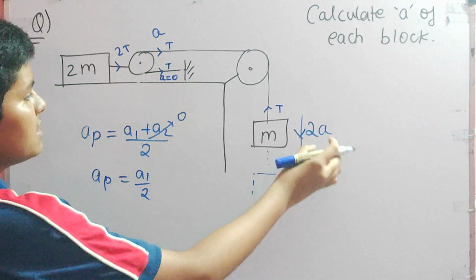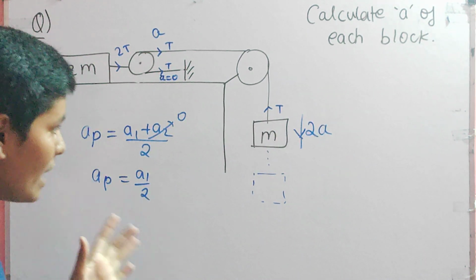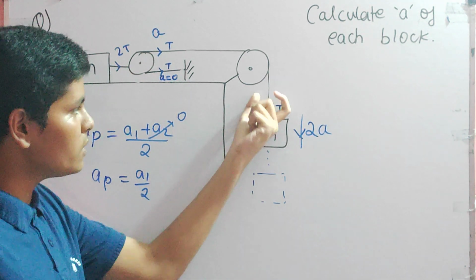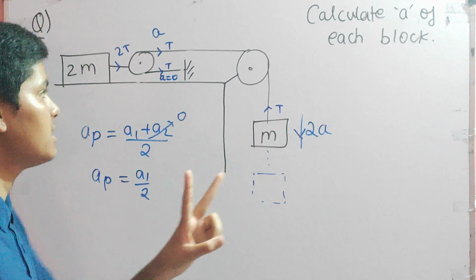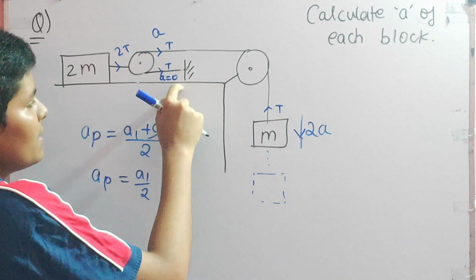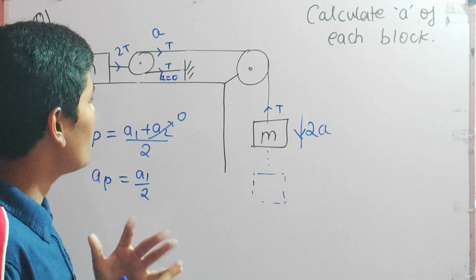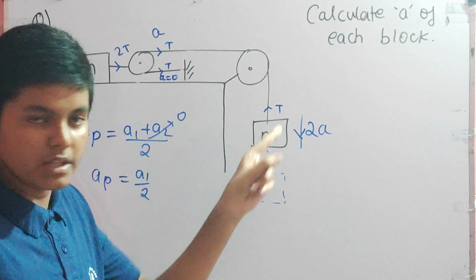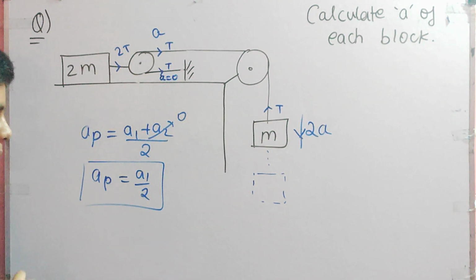That is why this is moving with more acceleration, but this will move with less acceleration. Why? Because this is just supported with one string, but this thing has to take the handle of two different strings at a time, because this string won't be expanding or extending, but this string will only be moving. That is why AP is equal to A1 by 2. This is the formula which you got.